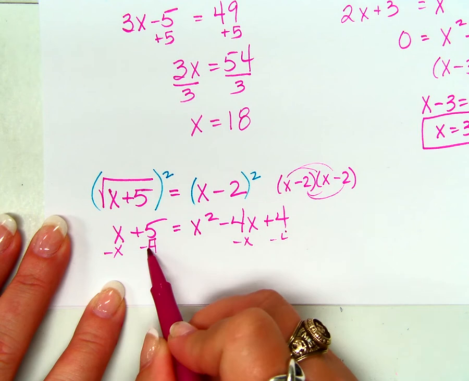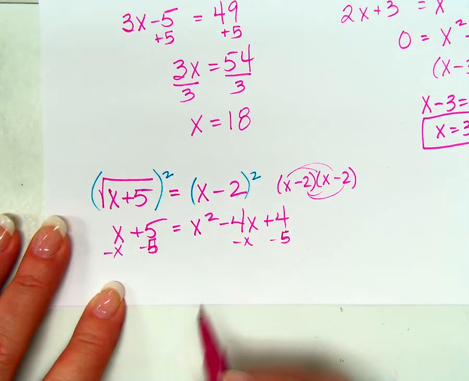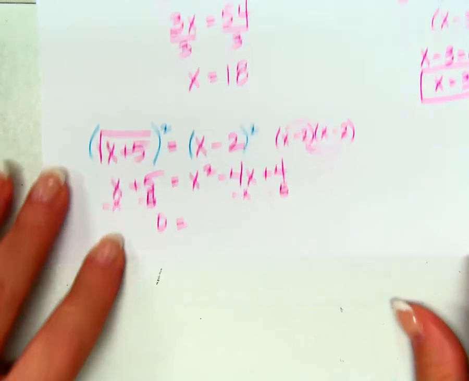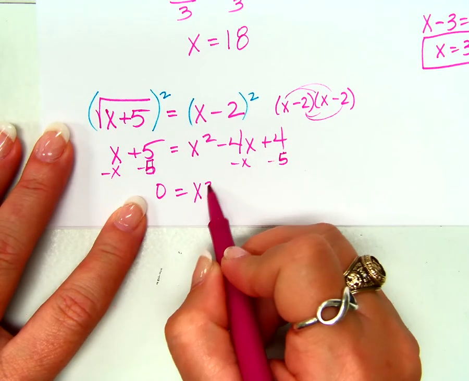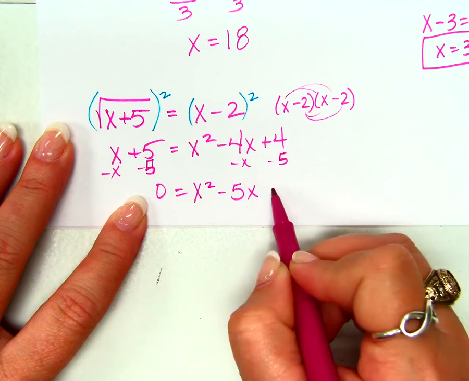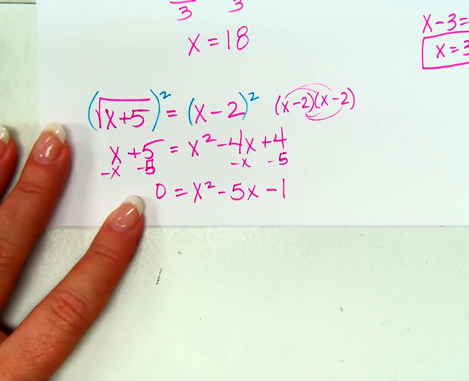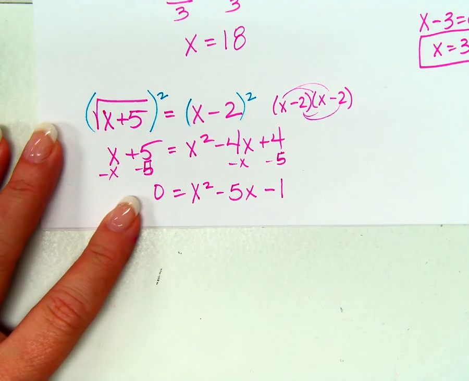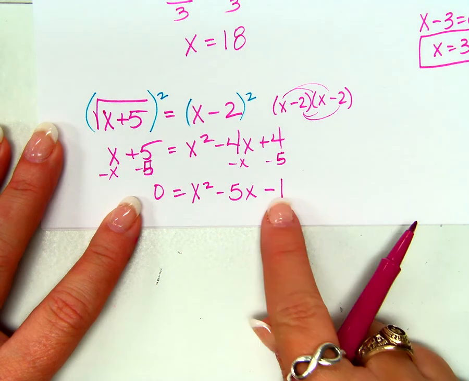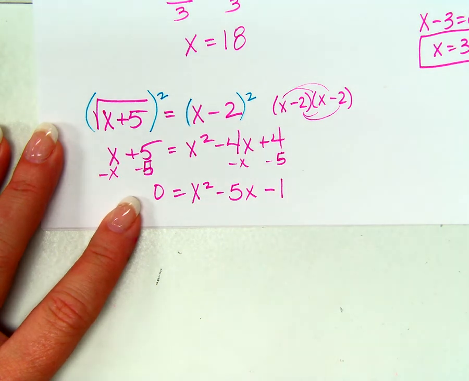Oops, this is a 5. Sorry about that. So I get 0 equals x squared minus 5x minus 1. Now, does that factor? What multiplies to be negative 1 and adds to be negative 5? That doesn't factor, does it?